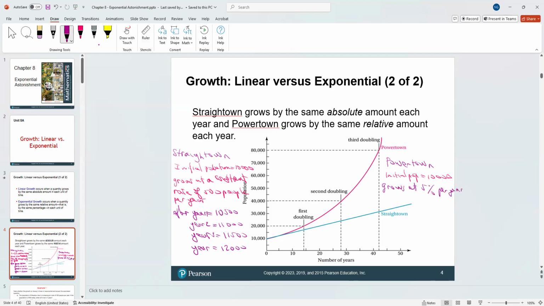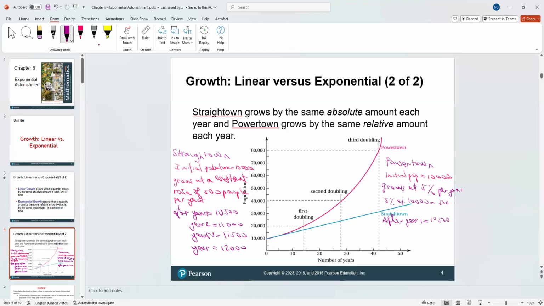What is 5% of 10,000? It is 500, so after year one you have 10,500.